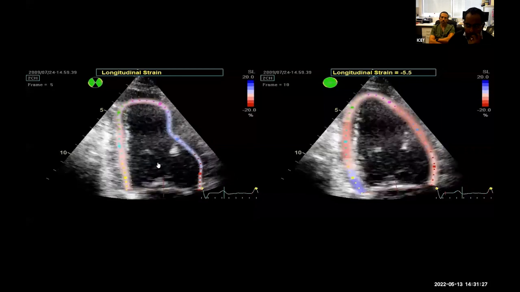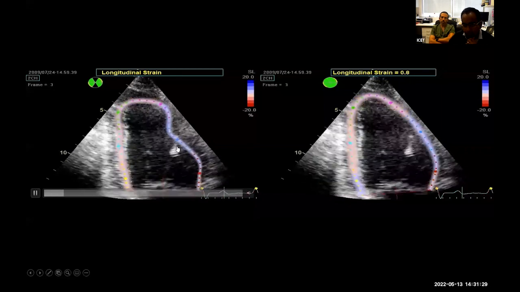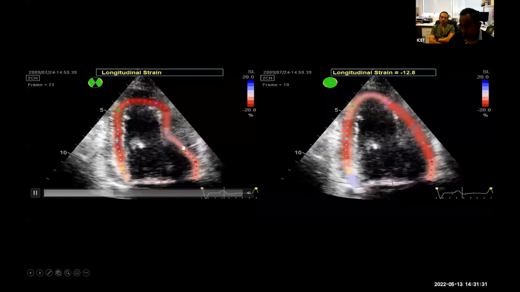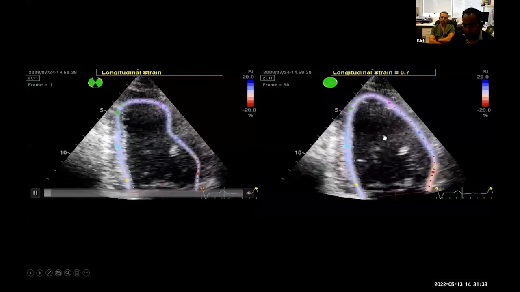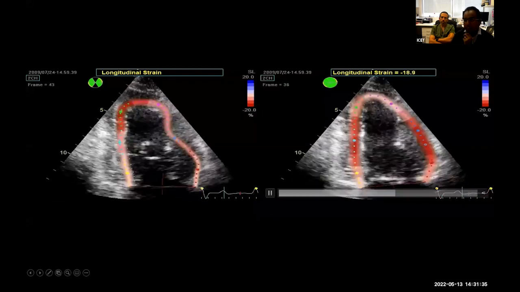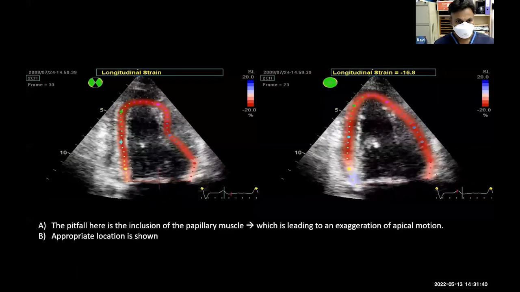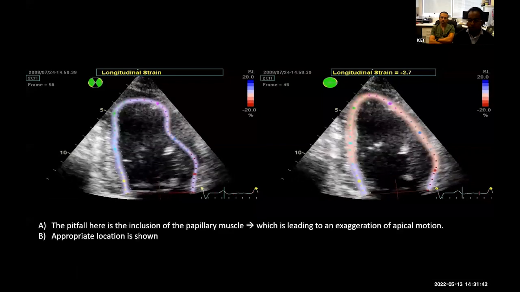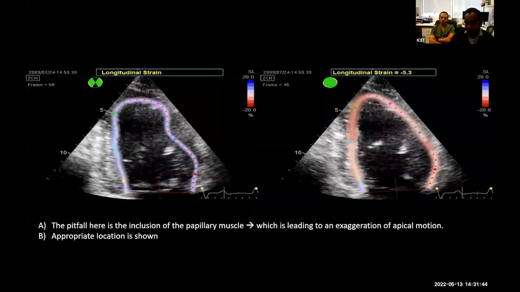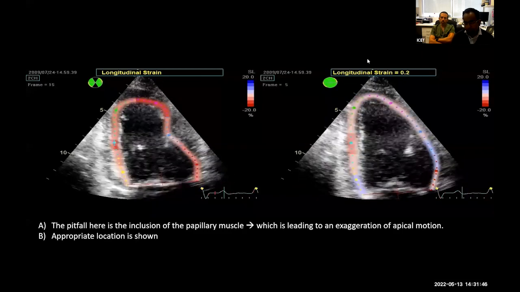I hope you guys can all see that. So this is where some of the papillary muscle is being tracked. The problem with this is that it will give you an exaggerated motion of that segment, and so it's going to give you an incorrect representation of your strain. Panel B is the appropriate representation.